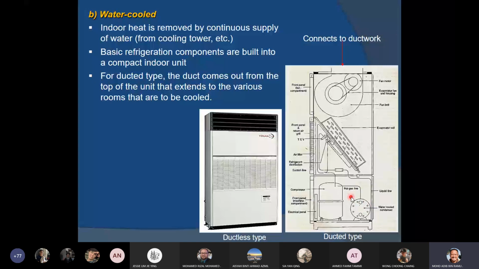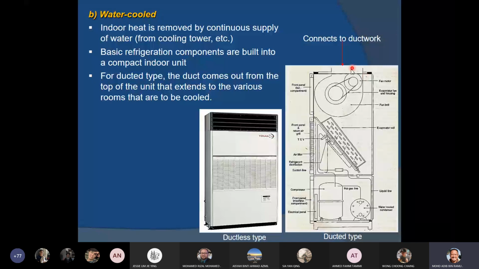Okay. So this water cool condenser is actually connected to this cooling tower, as mentioned here. But at the top of the package unit, it's basically more or less similar. So you can see the blower, and then you can see this is the evaporator coil or the cooling coil.